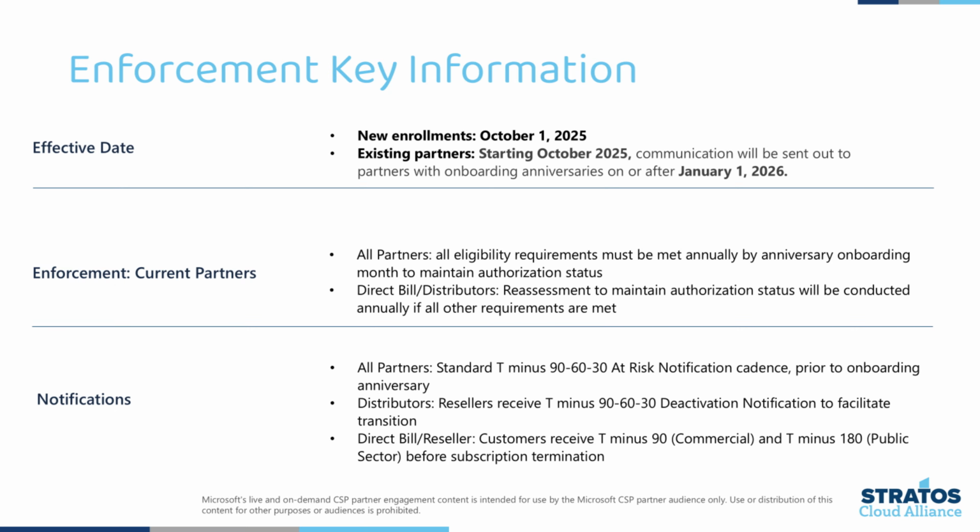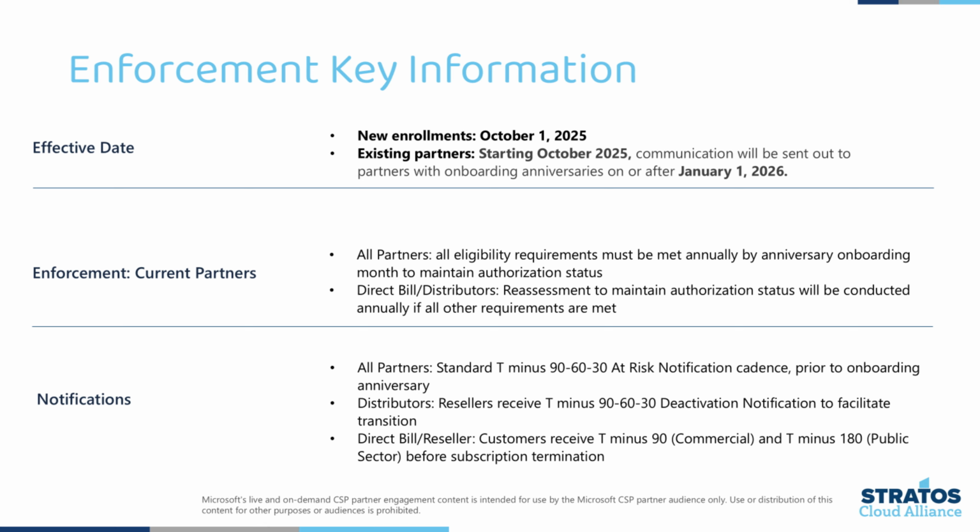So I just want to touch on this CSP direct and indirect authorization and update today. I cleaned this slide up a little bit. It did originally have all of the information on it that applied to indirect resellers keeping their authorization, direct resellers keeping their authorization, even distributors keeping their authorization. This isn't net new information.